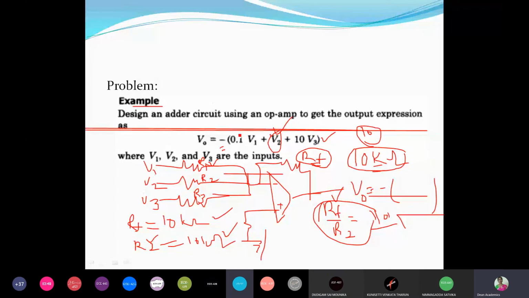Then what is R1? R1 equal to 100 kilo ohms, ma'am. If R1 equal to 100 kilo ohms, how come R3 will be 100 kilo ohms? Here it is 10, here it is 0.1. Ma'am, R1 equal to 100 kilo ohms, R3 100 ohms, ma'am. Okay, right, sorry.